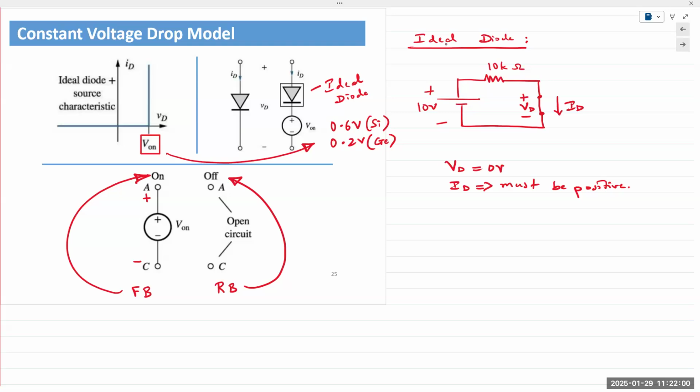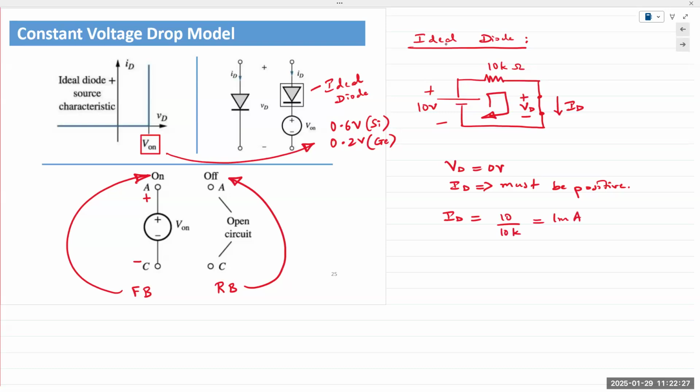If it's negative, that means my assumption is incorrect. And so if I analyze this circuit right now, the current is simply the current flowing through the resistor, and ID should be equal to 10 over 10K. Positive 1 milliamp, right? Positive 1 milliamp.